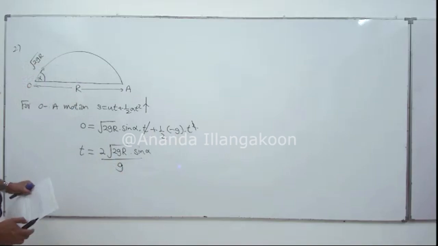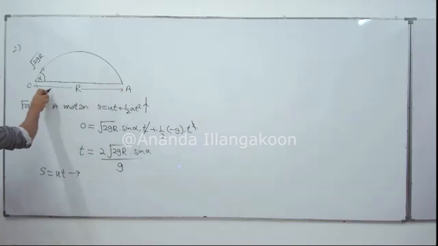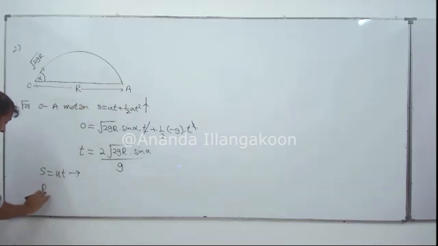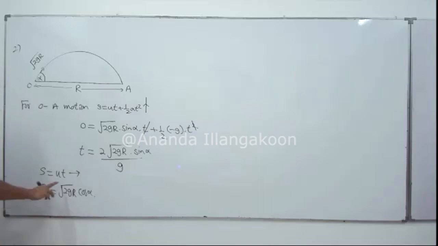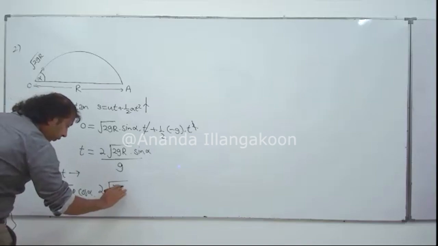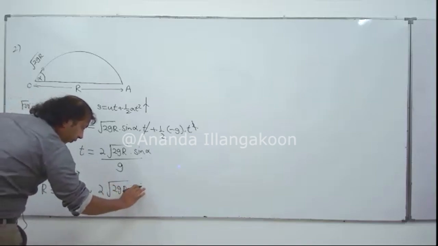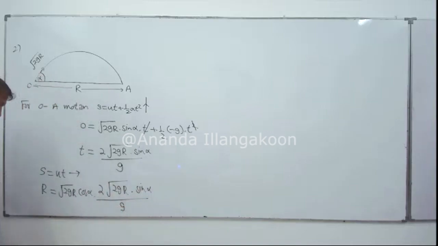Okay. Now we apply s equals ut in the rightward direction. For the motion OA, this length is r, given. The velocity is root 2gr cos alpha. The time is this t, put that here: 2 root gr sine alpha divided by g.